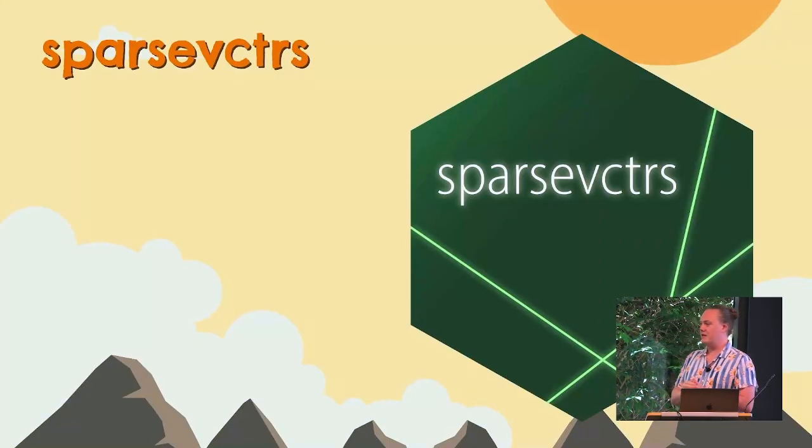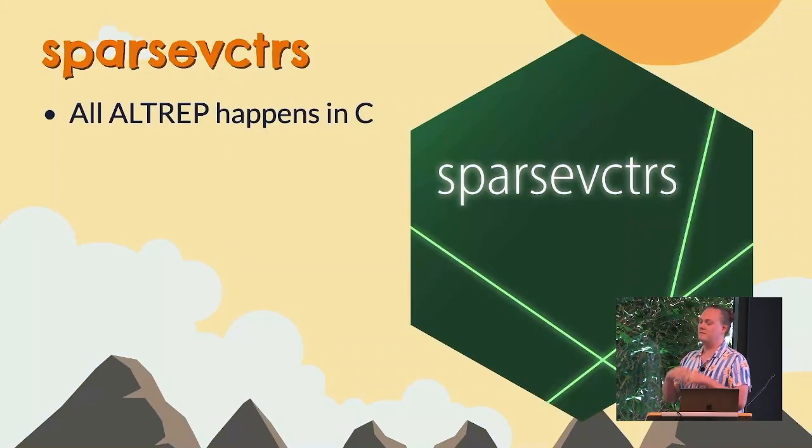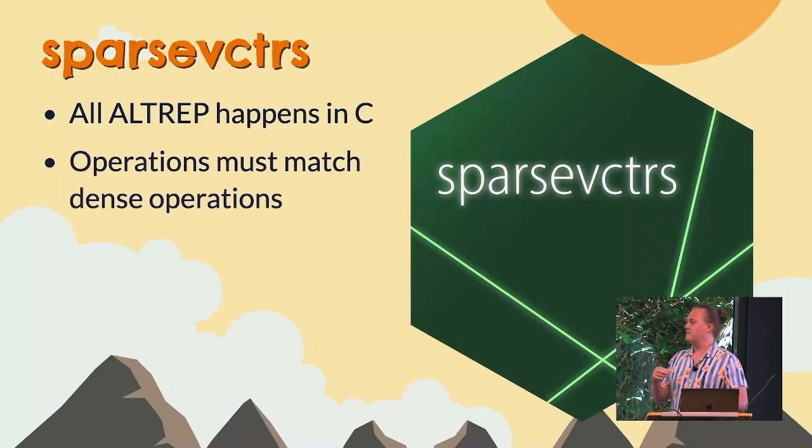In this process, I created the sparsevctrs package. As I said before, everything happens in C, so all the AltRep plugs into the C interface that R has. Everything has to match. So it handles infinite, not a number, and NA values.